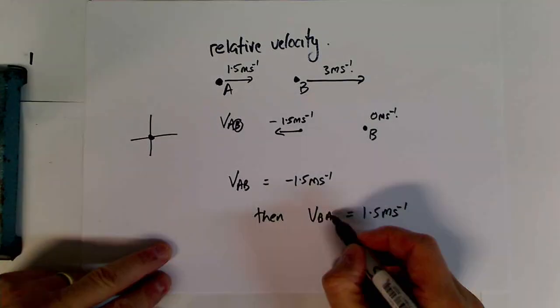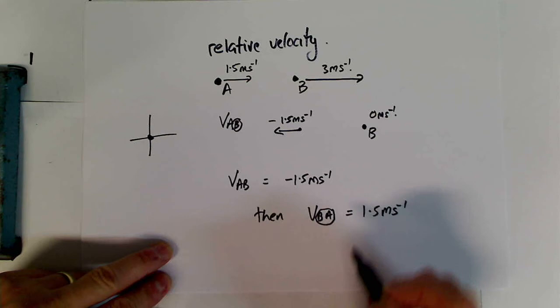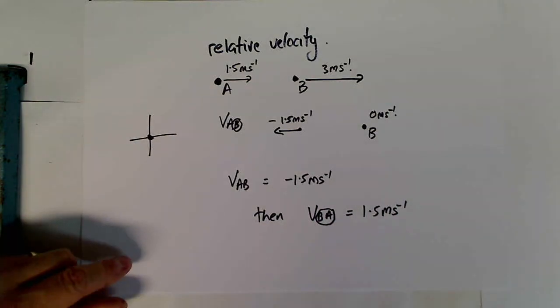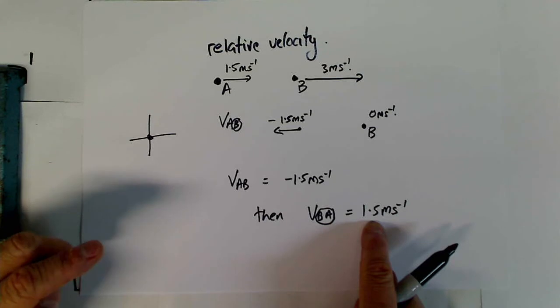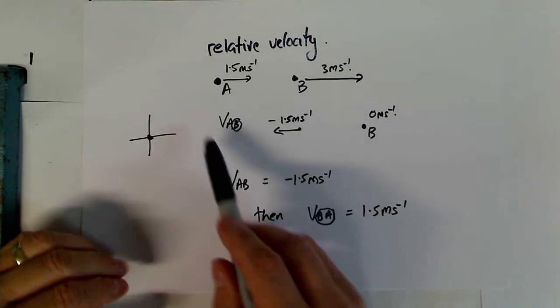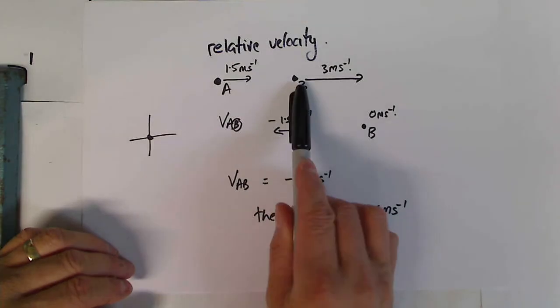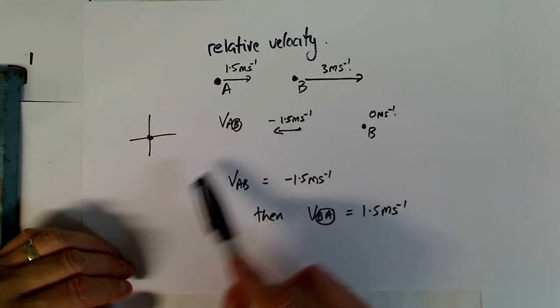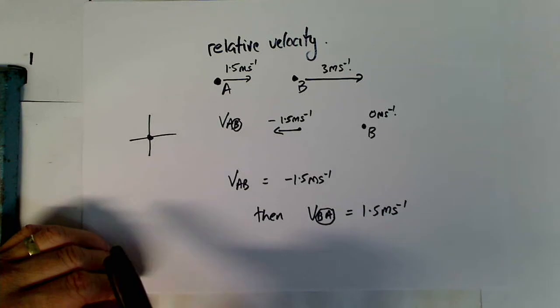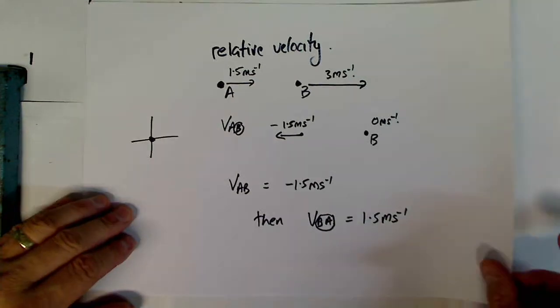So when you put them around the other way, you just change the sign on the magnitude. If A's velocity relative to B is minus 1.5 meters per second, then B's velocity relative to A must be plus 1.5 meters per second. So that's the simple approach to relative velocity.